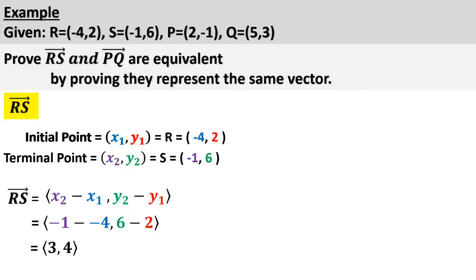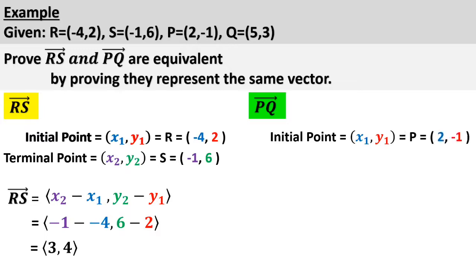Let's do the same thing to find vector pq. The initial point is p, so x sub 1 is 2 and y sub 1 is -1. The terminal point is q, so x sub 2 is 5 and y sub 2 is 3.